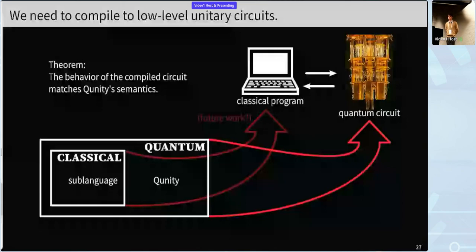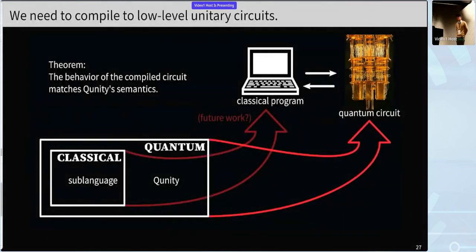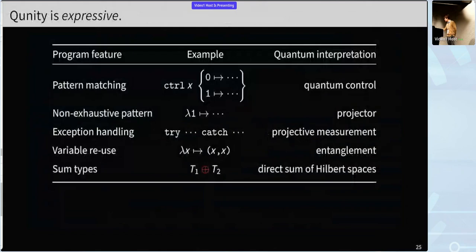I was just wondering if you could tell us more about the denotational semantics, also the structures that you use, usual Hilbert spaces? Yes, so roughly, I mentioned sum types earlier. Our language has sum and product types, which semantically correspond to the direct sum and the tensor product of Hilbert spaces.